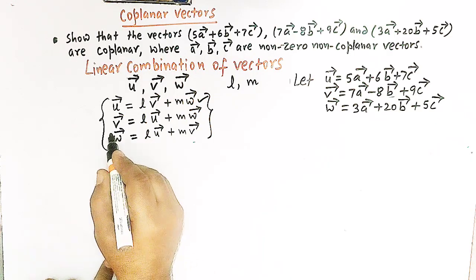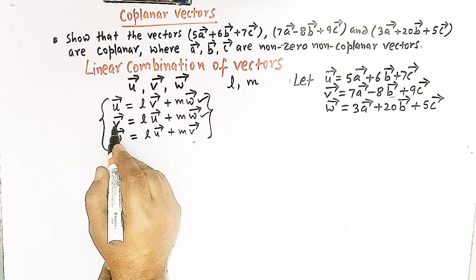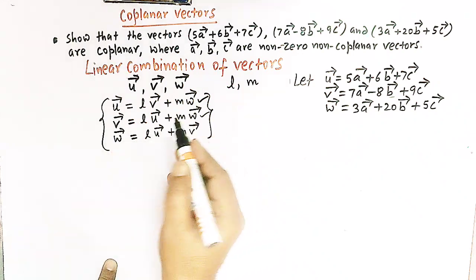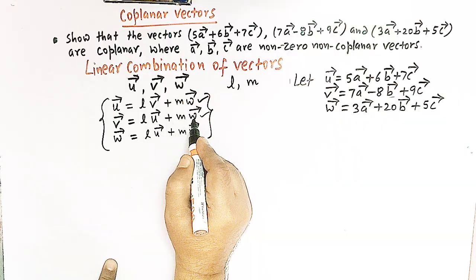So let us now use this equation. Here we have a vector v expressed as a linear combination of vector u and vector w.